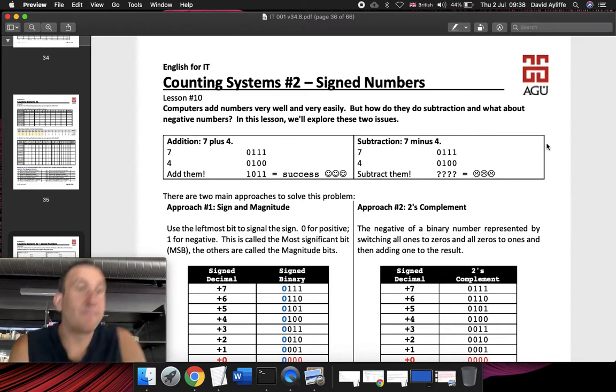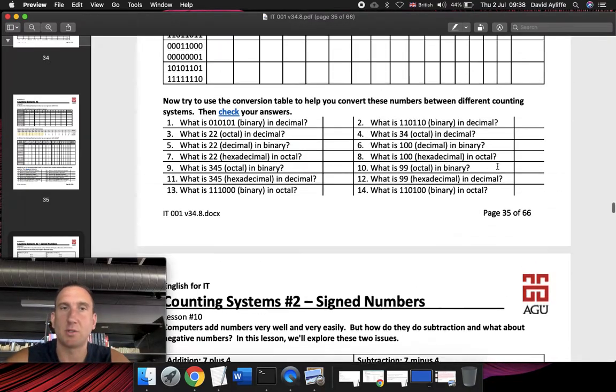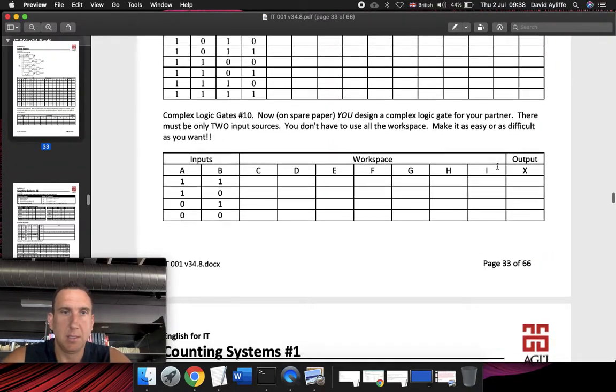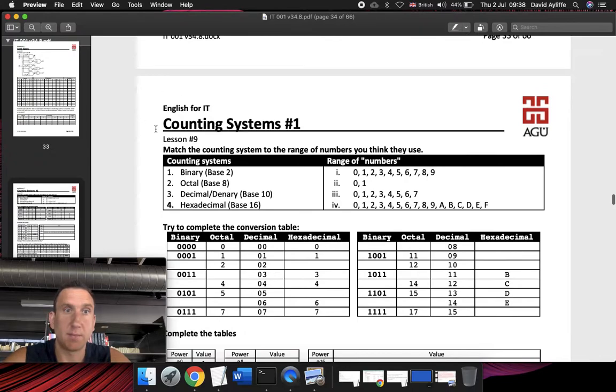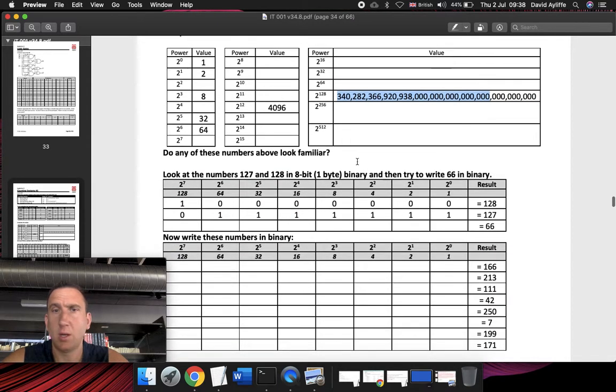So today, in this lesson, we're looking at counting systems part 2. In the previous lesson we attempted to start looking at counting systems: binary, octal, decimal, and hexadecimal. We looked at the value of 2 to the power of various exponents.